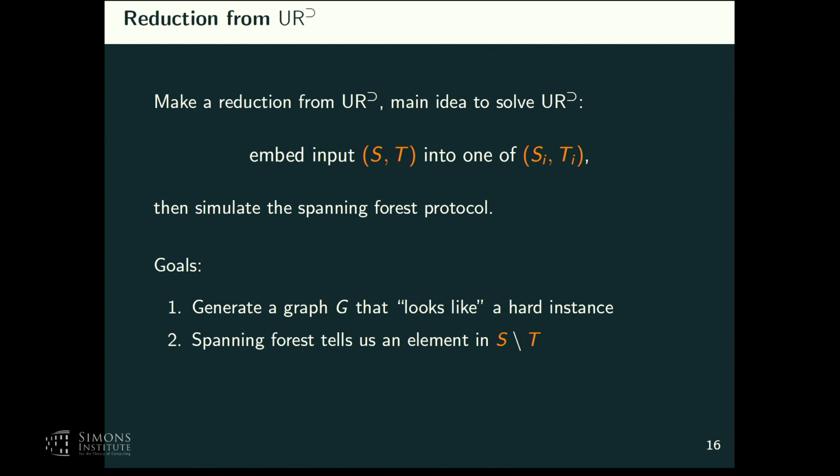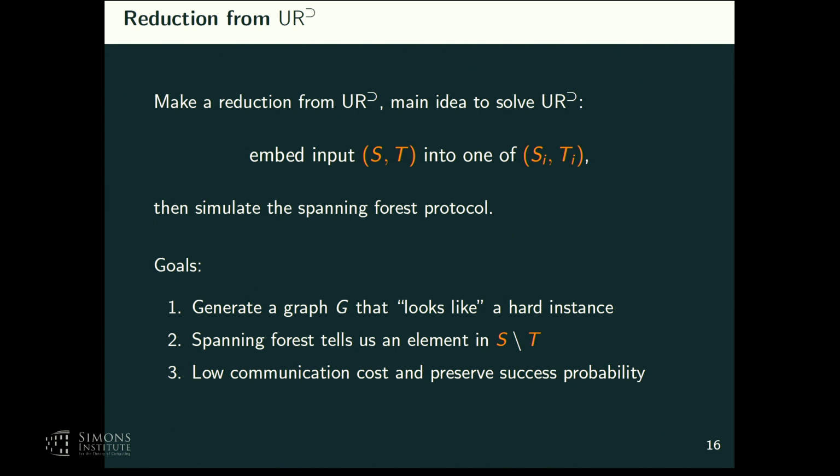And also I want the spanning forest, which is the output of this protocol, to tell us an element in the difference, which will be the output of the universal relation problem. And I want to do this reduction with low communication cost and preserve the success probability. But due to time constraint, I won't have time to go through all the details.